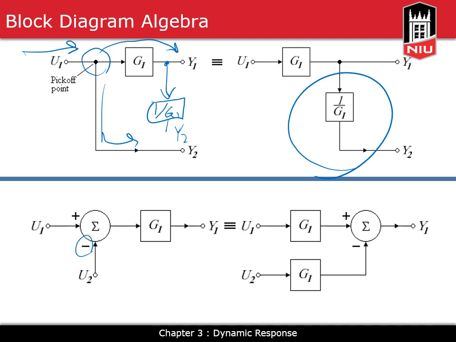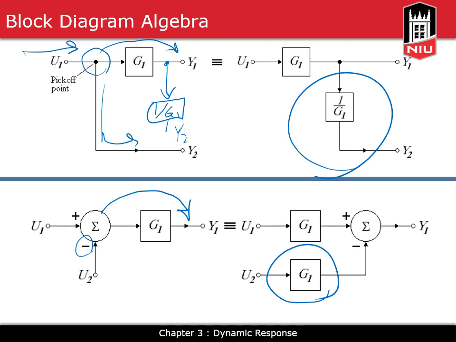So Y1 is G1 times U1 minus U2. Now, if I want to move this summation point after the block and still have the same output, meaning that I want to have the same Y1, what I have to do is to add a G1 block in the way of the U2 signal.